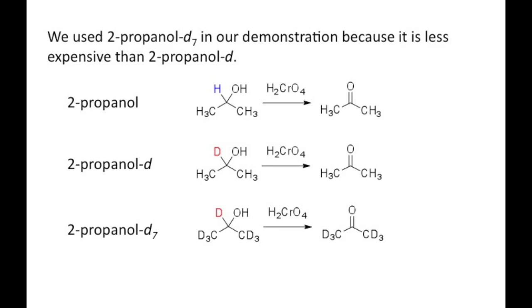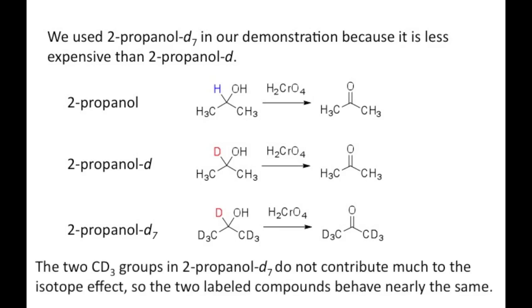We use 2-propanol-D7 in our demonstration because it is less expensive than 2-propanol-D. The two CD3 groups in 2-propanol-D7 do not contribute much to the isotope effect, so the two labeled compounds behave nearly the same.